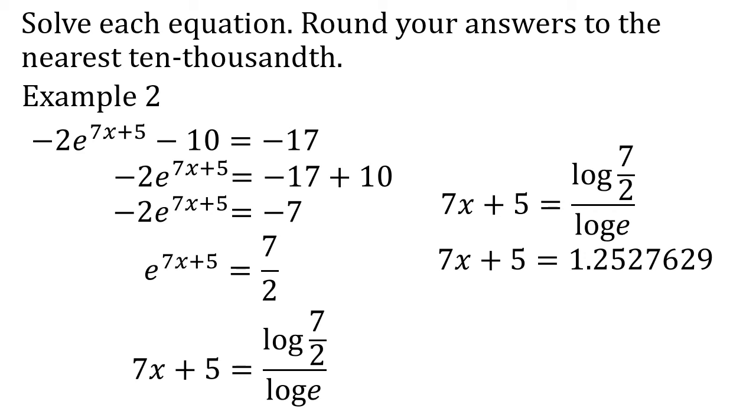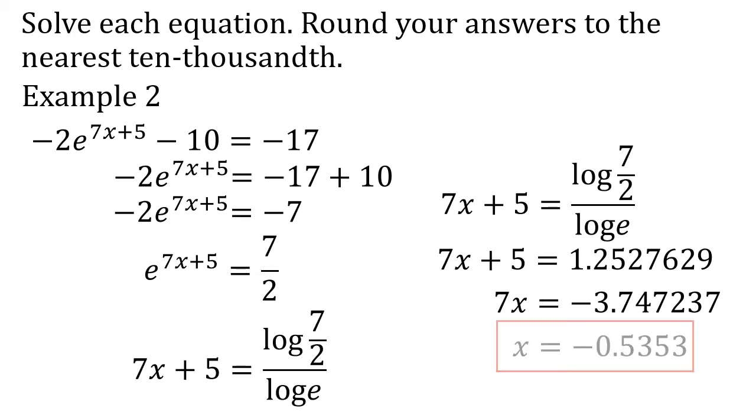And then transpose 5, that will be minus 5 on the other side of the equation. That's why it will become 7x equals negative 3.747237. Then divide both sides of the equation by 7, and you're going to get x equals negative 0.5353, rounded to the nearest ten-thousandth. And that is the solution of this exponential equation. The value of x is equal to negative 0.5353.